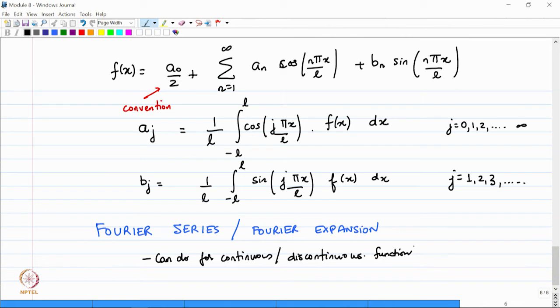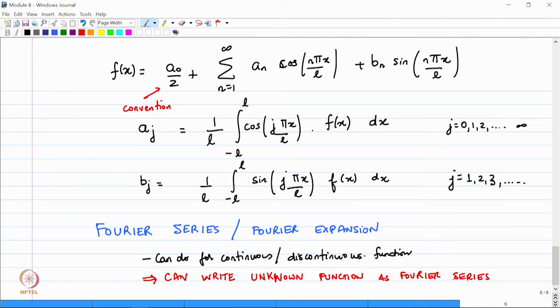The other important thing, and let me emphasize this point, is that you can write an unknown function as a Fourier series. This is probably the most important application of Fourier series.